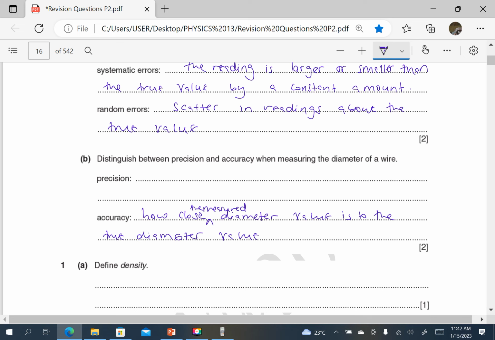the size of the smallest division on the measuring instrument.